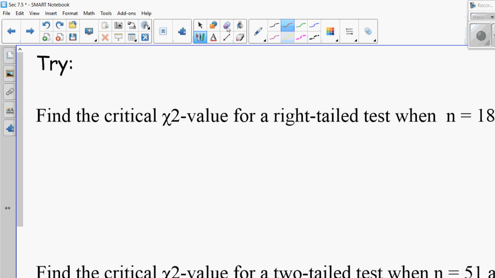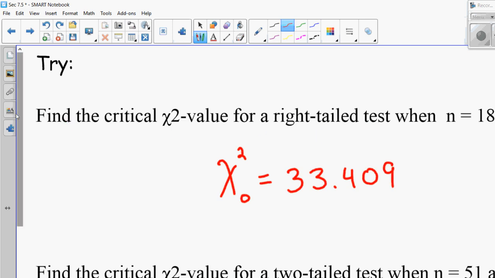All right, coming back, it's a right-tailed test, so we can use the 0.01 directly. We don't need to do anything. Degrees of freedom is 17, so you would get 33.409.